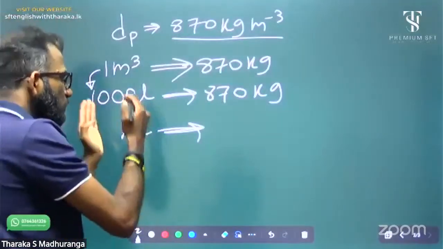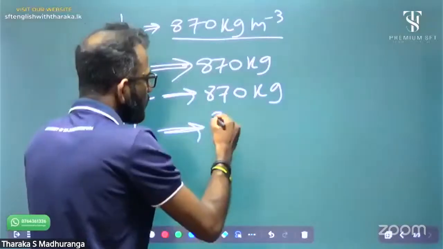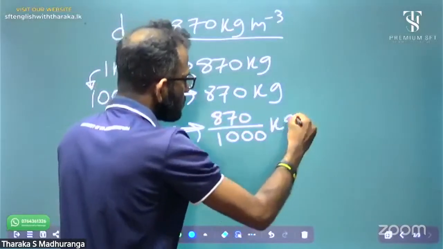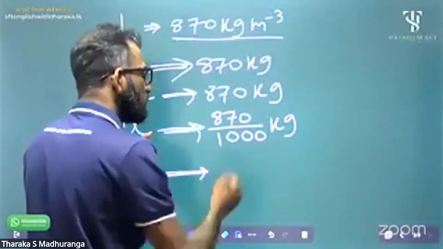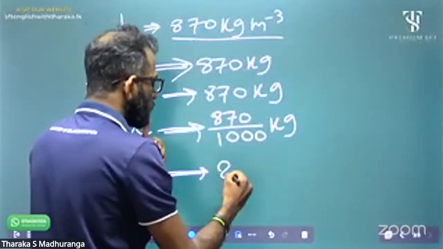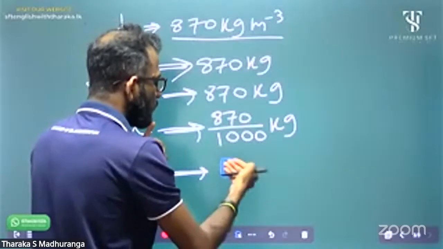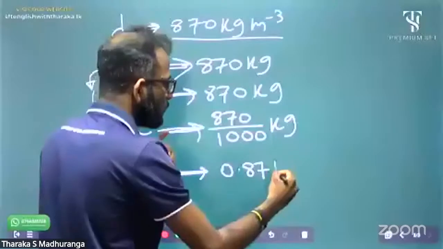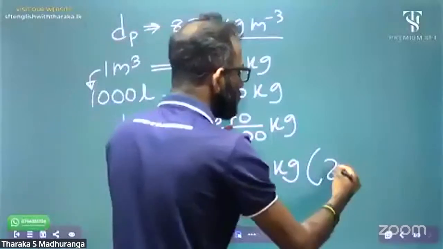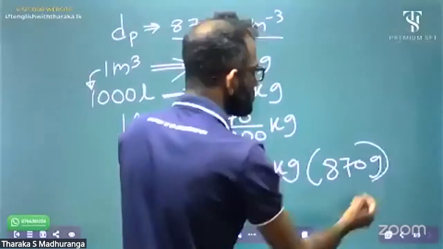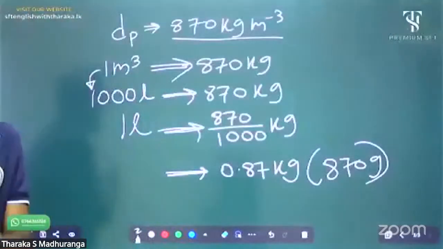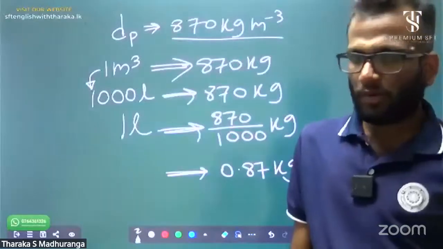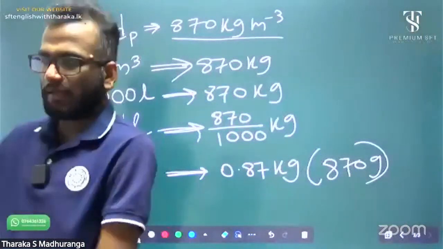Now if you need 1 liter, 870 divided by 1000, it is 0.87 kilogram. If you take the gram value, 870 gram. Okay, now an example, a practical thing.